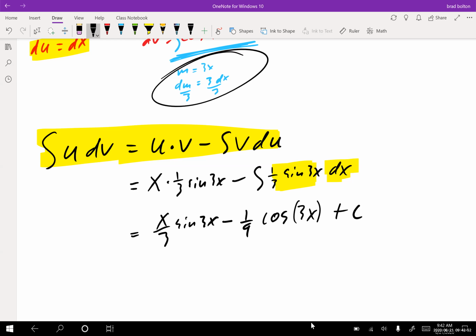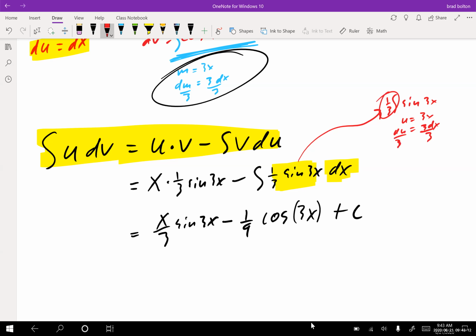Now, there's a little catch. Because this time, I am integrating this integral of 1/3 sine 3x. Let's put the 1/3 out front. We're going to have another u sub, so I'm going to get another 1/3.